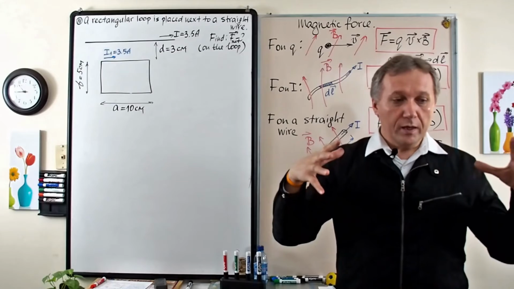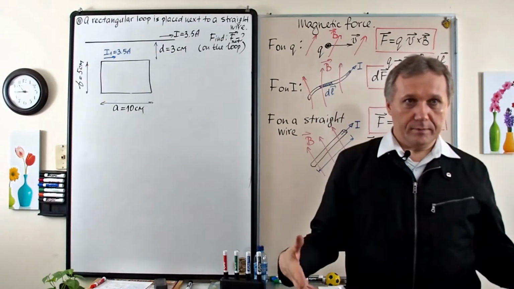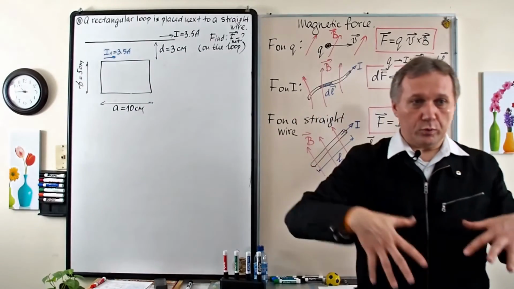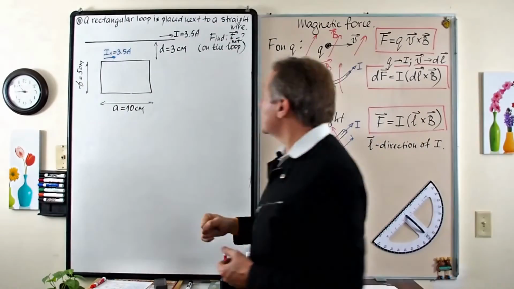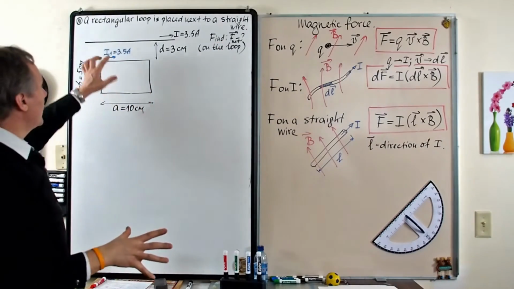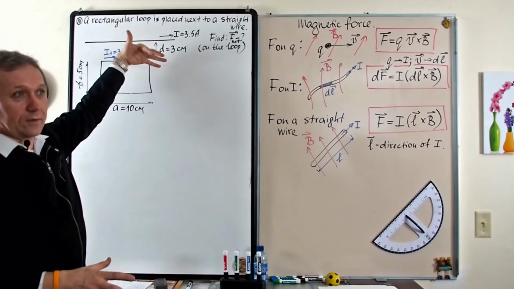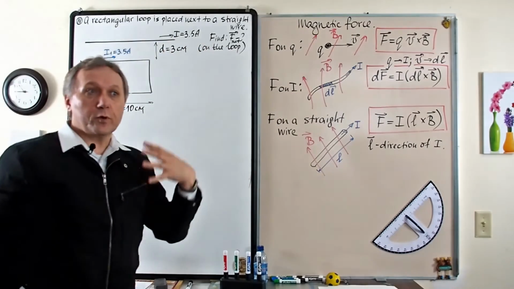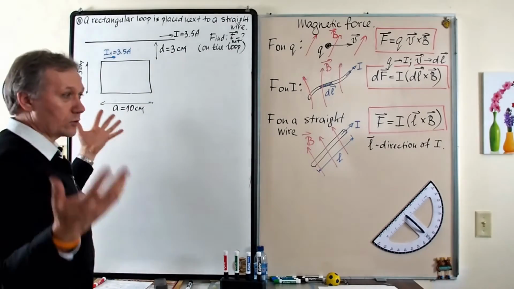So first of all, you need to decide. So I'm going to use this object as the source of the magnetic field, or this wire, right? And then the second object is going to be exposed to that magnetic field, experiencing a force. So now we have two objects. Since we need to find the net force on the loop, it's a clear indication that we have to treat this infinitely long straight wire as the source of the magnetic field. We can easily find the magnetic field. We know the formula for the magnetic field created by an infinitely long straight wire, right? We've used it so many times now.